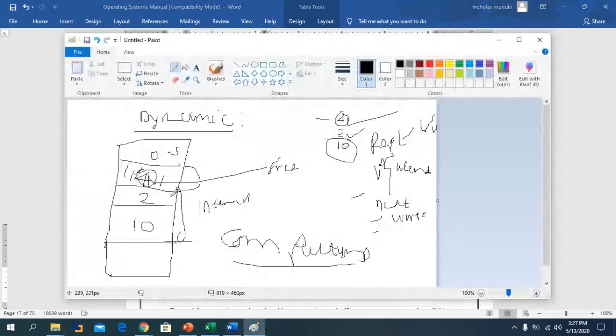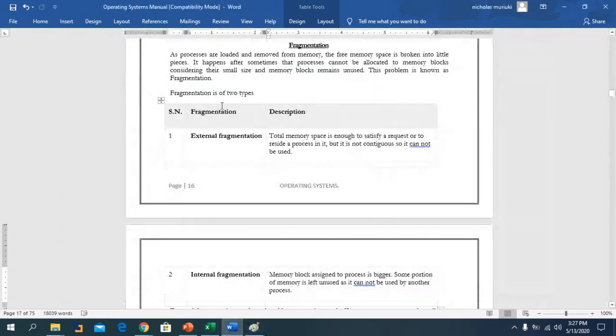That is a waste, and I think that is very clear. External fragmentation is when the total space is enough to satisfy a request or to hold a process, but it is not contiguous. The meaning of the word contiguous is following each other. So it is not following each other.